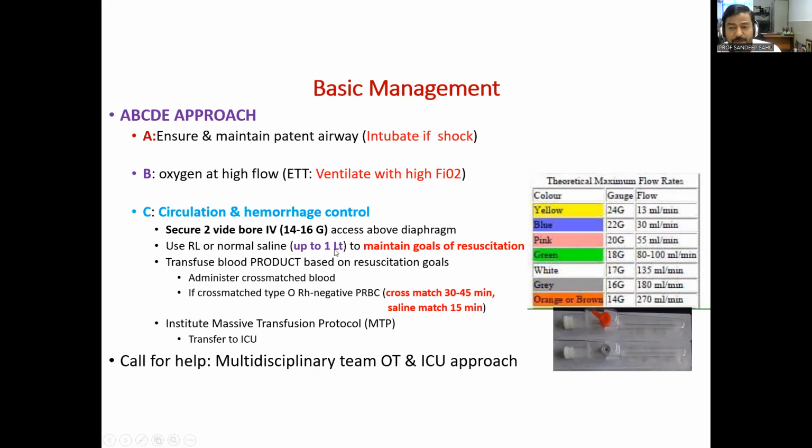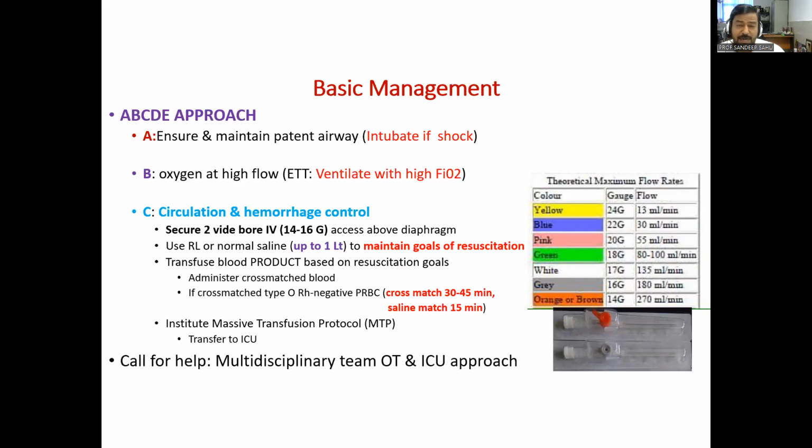We give only 1 liter of Ringer lactate or normal saline. Why? Because we are not giving excessive fluid or only fluid; we are giving blood products. So here is the role of cross-matched or saline-matched blood products, because we know O negative saline-matched blood can be made available with the help of our transfusion medicine friends, and we can give it immediately in the OT or in the emergency department.